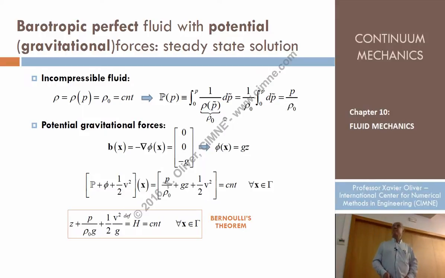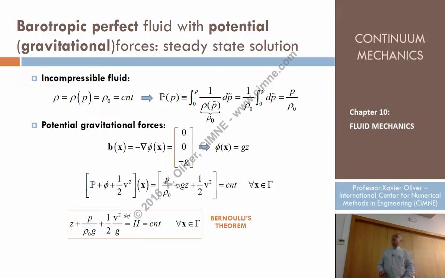So, what else? If the forces are gravitational, we already know that the potential is Gz. So let's replace that. P is P over rho 0. Phi is G times Z. And 1/2 V squared is constant for any streamline. When I change from one streamline to another streamline, what changes? The constant. But for points belonging to the same streamline, this is constant.